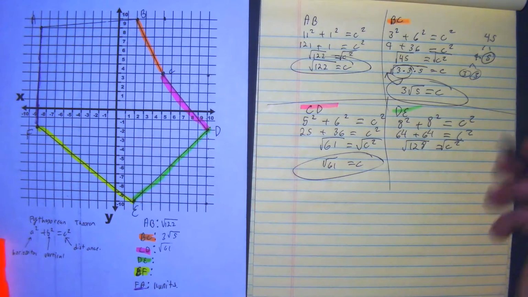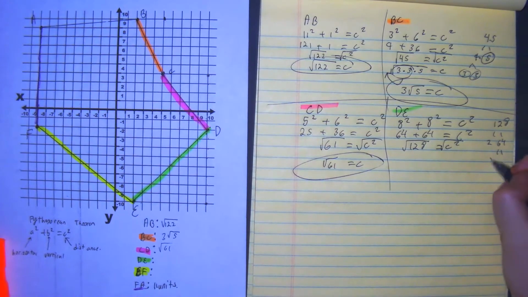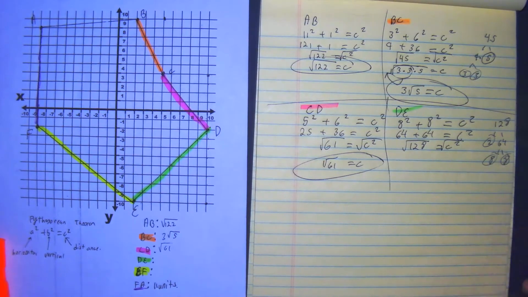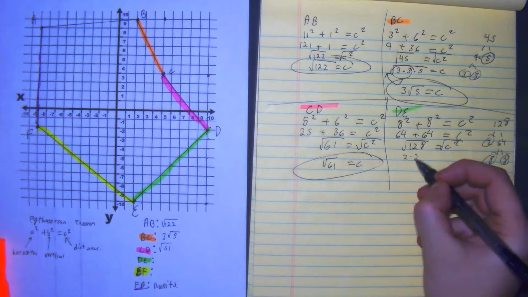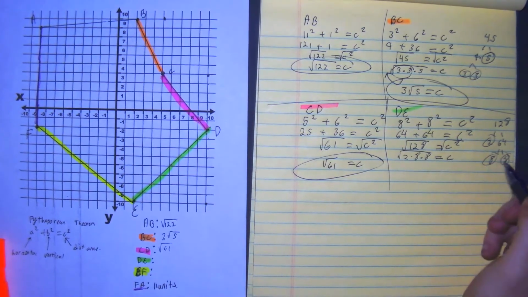So what we do, 128 would be 2 and 64. And 64 could be broken down to 8 and 8. The reason we knew that is 8 times 8 makes 64, so you can pull out an 8. Now we know that the square root of 64 is 8. So 128 becomes the square root of 2 times 8 times 8 equals c.